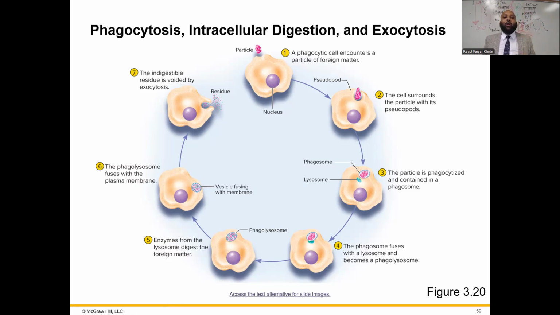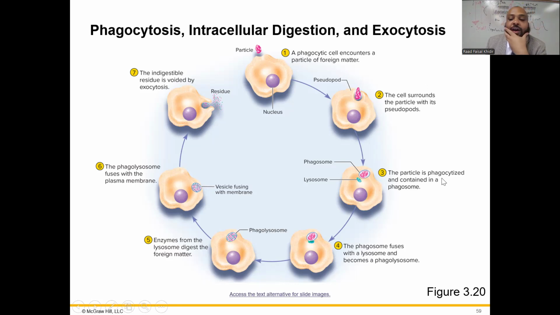Swallowing, engulfing. So a phagocytic cell encounters a particle of foreign matter, and the cell surrounds the particle with its pseudopods. And the particle is phagocytized and contained in a phagosome.